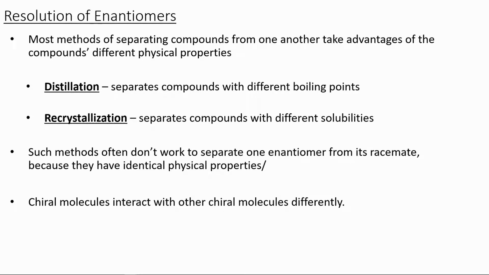But often these won't work to separate enantiomers because they have identical physical properties. The one property that we discussed earlier that chiral molecules will have different from their enantiomer is the way they're going to interact with other chiral molecules.